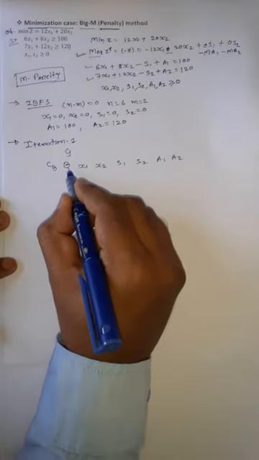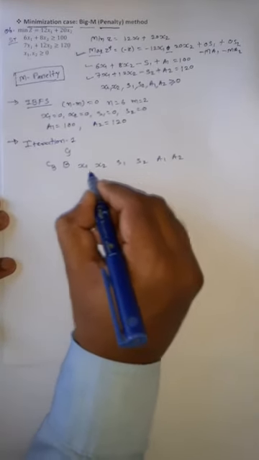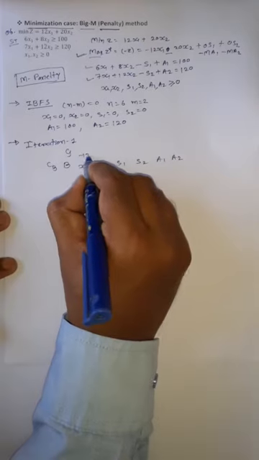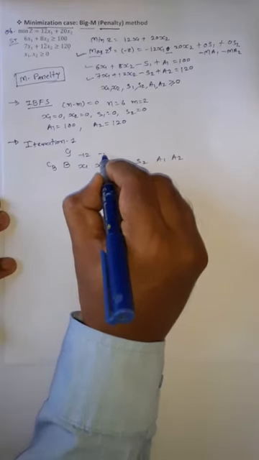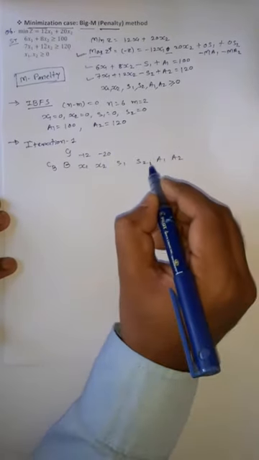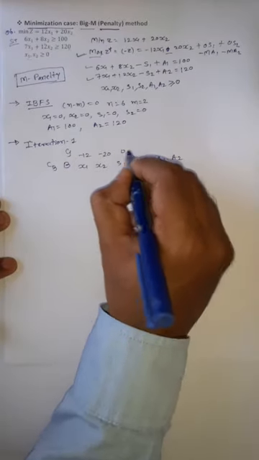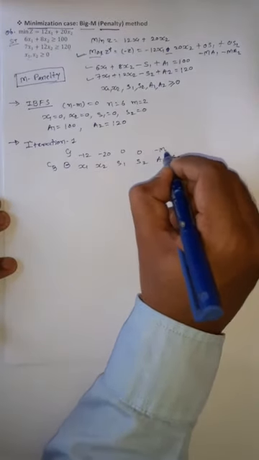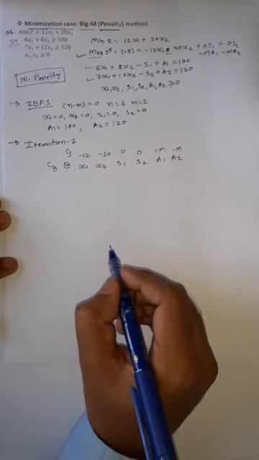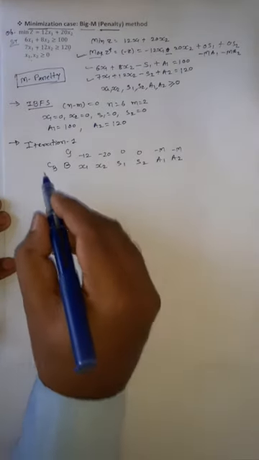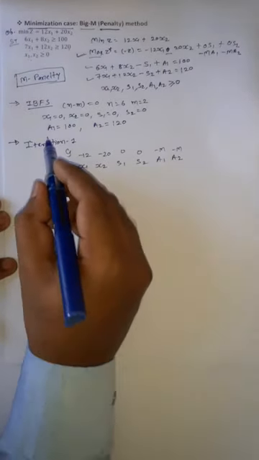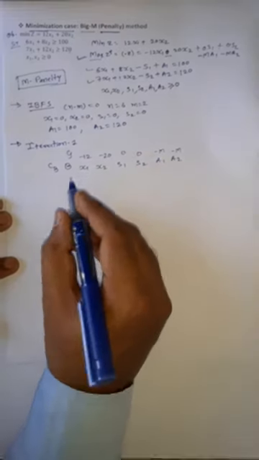So Cj, the coefficient in the objective function: x1 is here minus 12, x2 minus 20, for s1 it is 0, s2 is 0, here it is minus m, here it is also minus m, and as the basis we will take a1 and a2, whose values are available here.